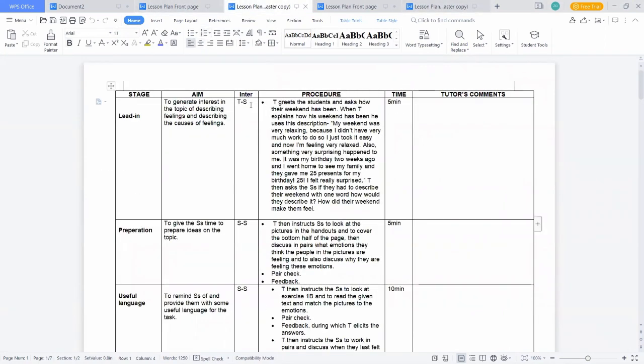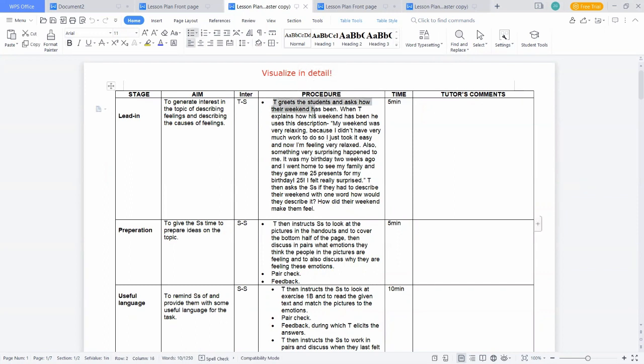Then we go on to the procedure. This is where I say visualize in detail. Think about every small step of your lesson.